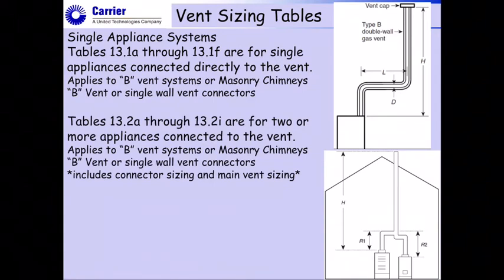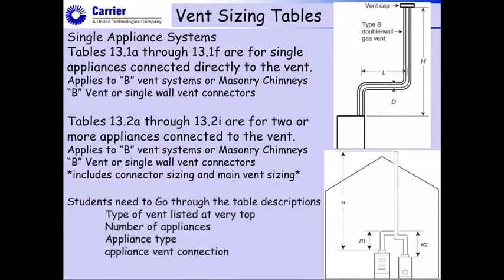Then the other tables are table 13.2A through 13.2I, and those are all for two or more appliances that would be connected to a vent system. That also applies to a B vent system or a masonry chimney. So the B vent, single wall metal vent connectors, they would also include the sizing of the vent connector as well as the sizing of the common vent, what I'm calling the main vent.